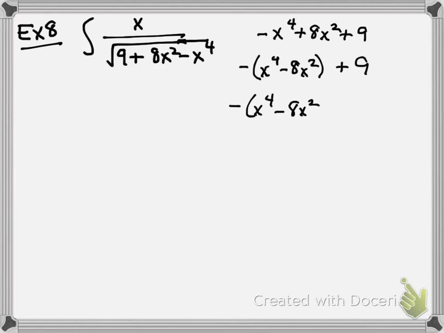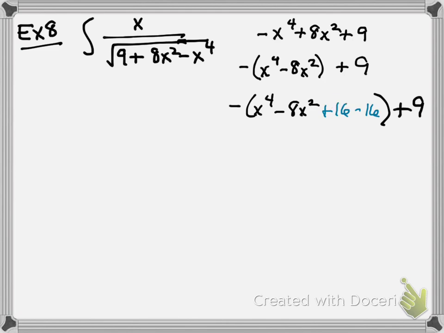So I want to add a 16 and subtract a 16, and I still have my plus 9. So the black is what we had before. I've added in a plus 16 and a minus 16 inside of this parentheses, and I got the 16 from taking half of 8, which is 4, and then squaring it.